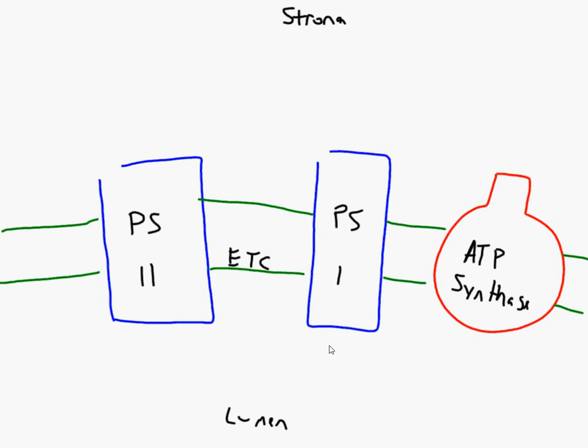And so what I mainly want you to focus on is what these electrons are doing and how they're used to make ATP, and how they're captured in this electron carrier called NADPH.